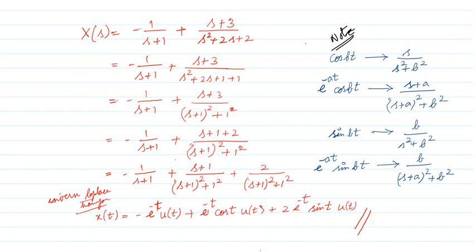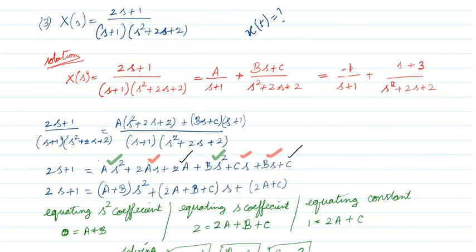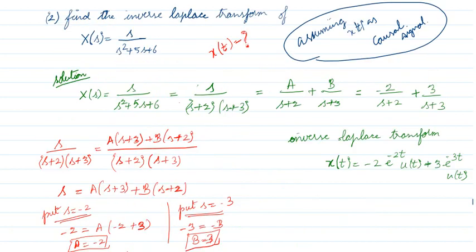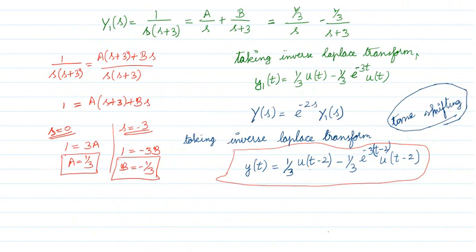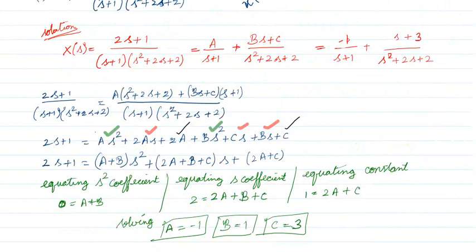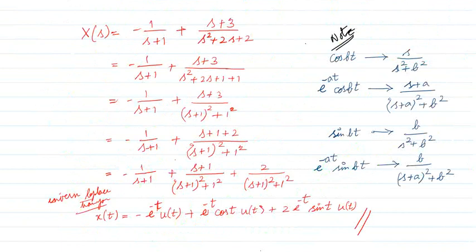Right? In place of s, I will be putting s plus a. So sin bt Laplace transform is b by s square plus b square. Okay, so e power minus at sin bt means in place of s, I will be putting s plus a. These things should be clear, right?